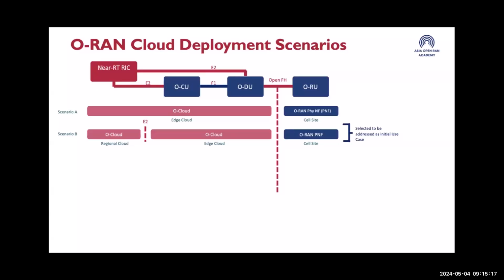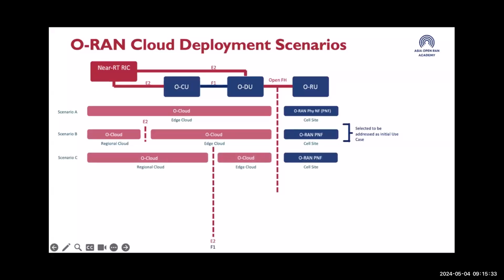And the RU is located on the cell site premises. So these are selected to address the initial use case for Open RAN. In some cases, the near real-time RIC and the OCU are in the regional O-Cloud, and the ODU is in the edge cloud, and the ORU is still on the cell site premises.